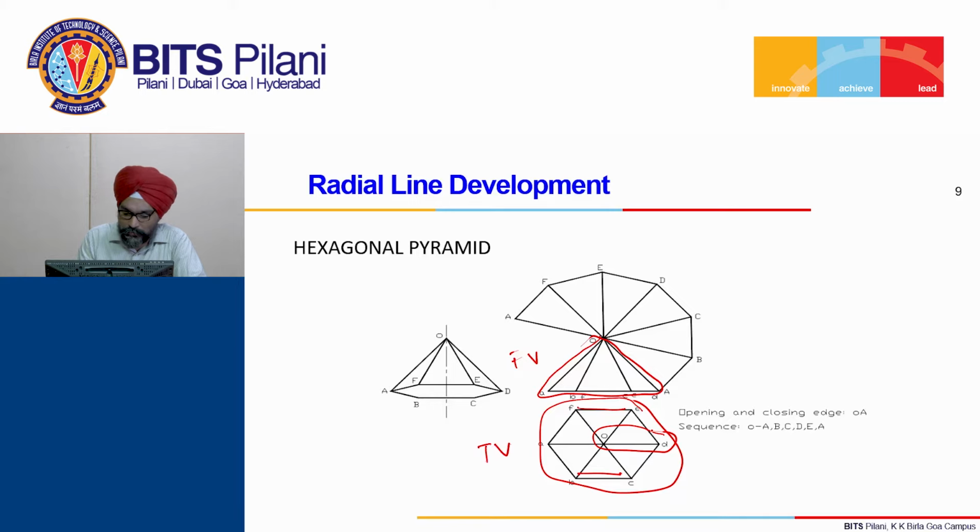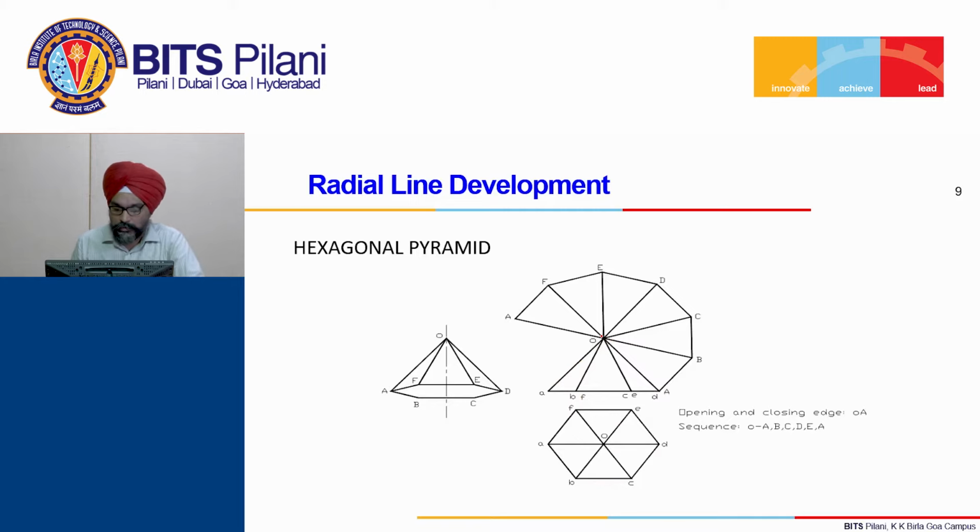So, in the front view you have OD, this particular line, as the true length. Okay, so this particular length is the true length. Why? Because OD is the horizontal line, or parallel to the xy line.